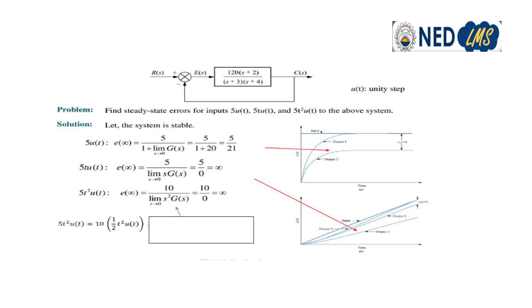In this case we have just put the values in the same formula, but we have put the value of R as the magnitude 5 here, and then we have calculated the value, and we have seen that we have a value of steady state error only for the step function, and the remaining two values are infinity. So it is just an example of how we put the values of these magnitudes in the formula if we have some magnitude in the inputs.